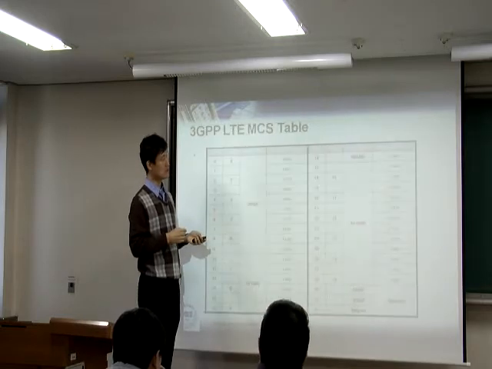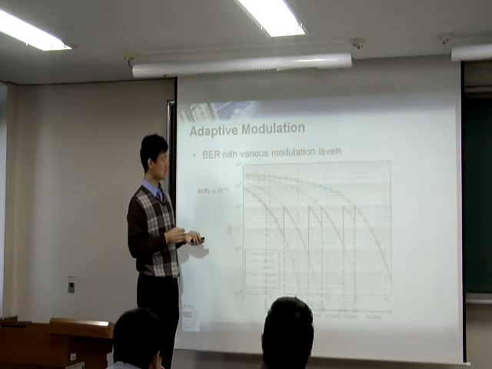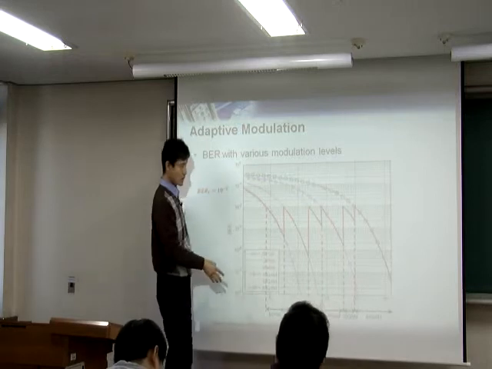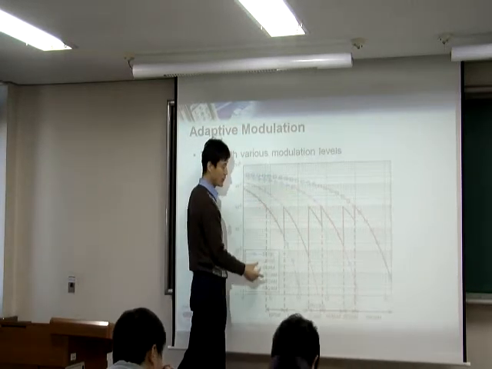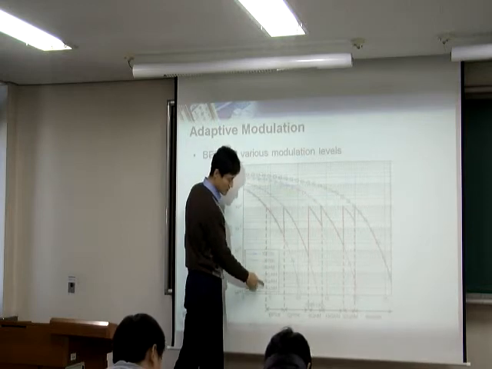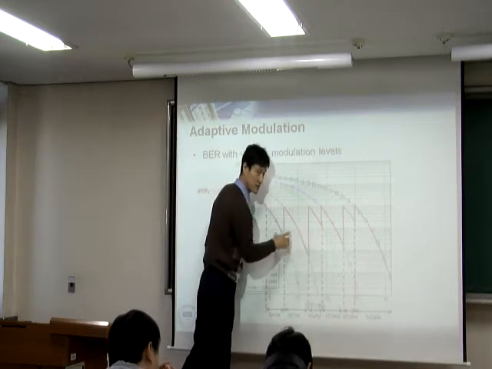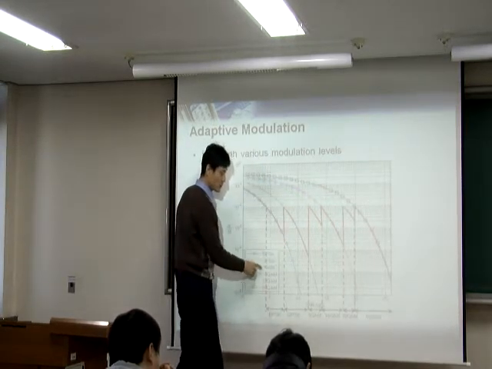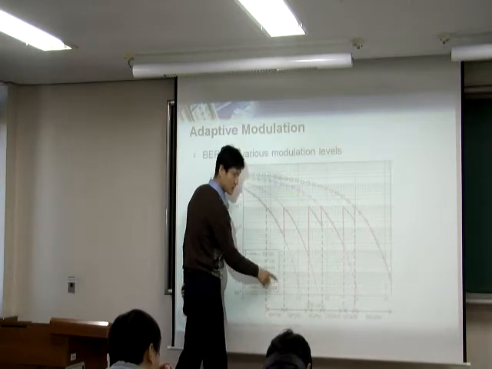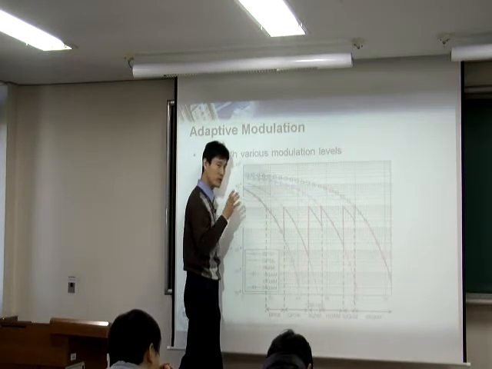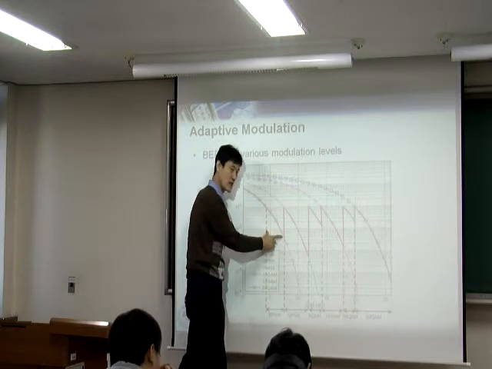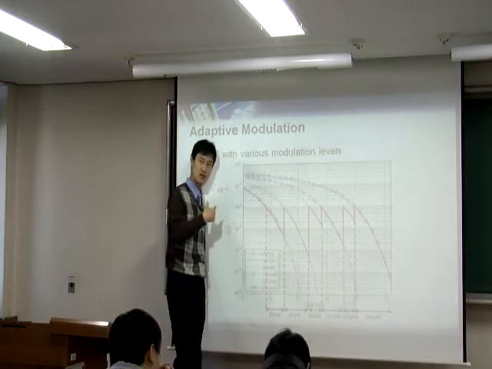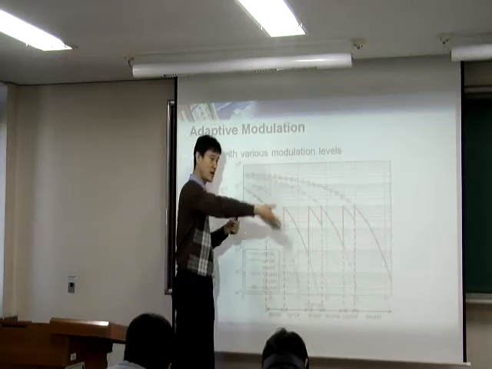Going back to this picture, from this study we find this SNR threshold. Once you know this SNR threshold, you can calculate the probability that your fading profile falls into this SNR range. Your channel basically changes over time.